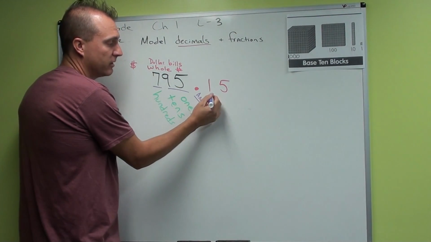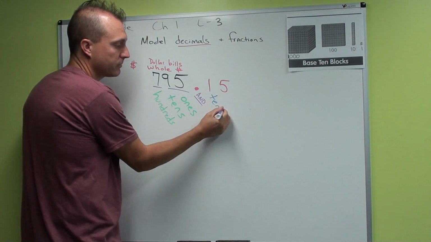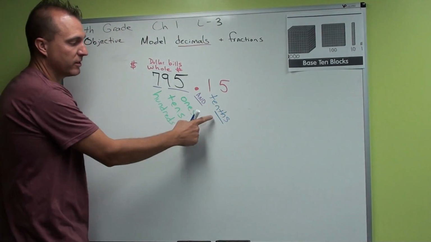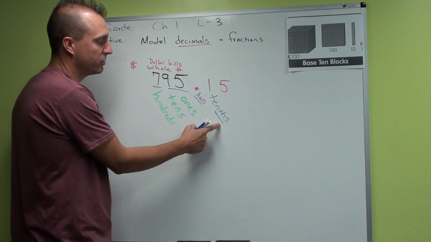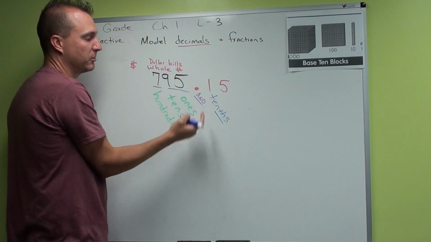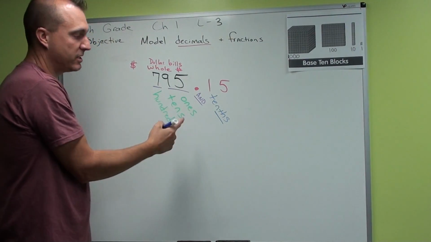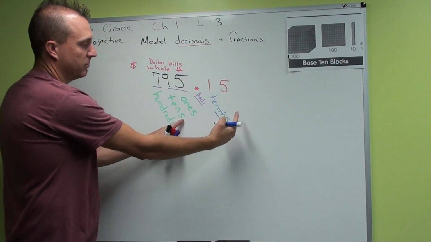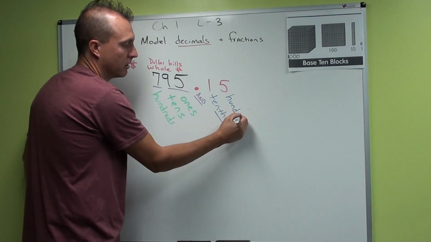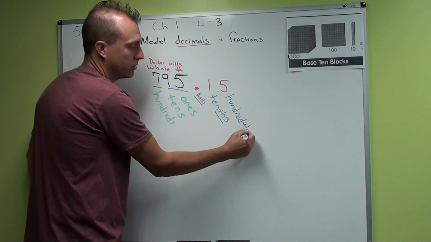So this would be something called tenths. The THS tells you that it's a decimal. And then after the tenths comes the hundredths.